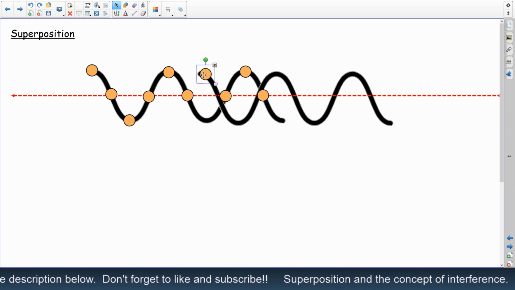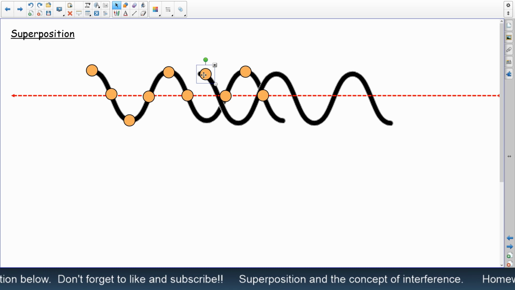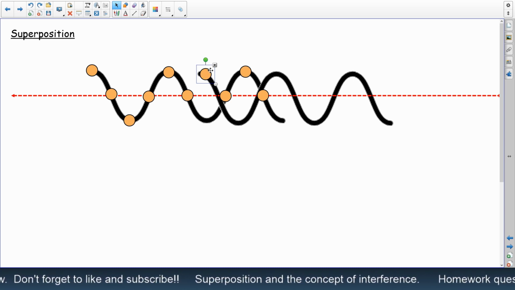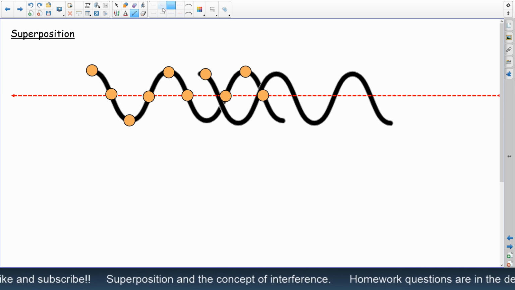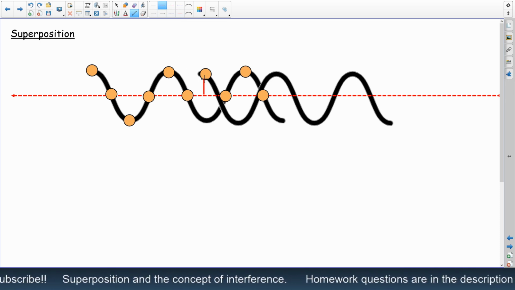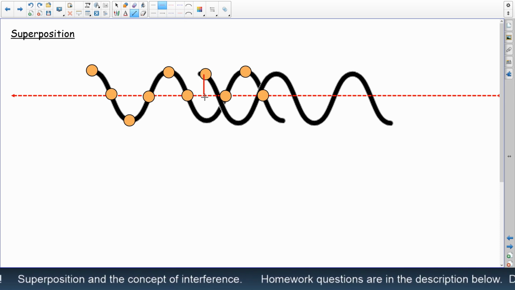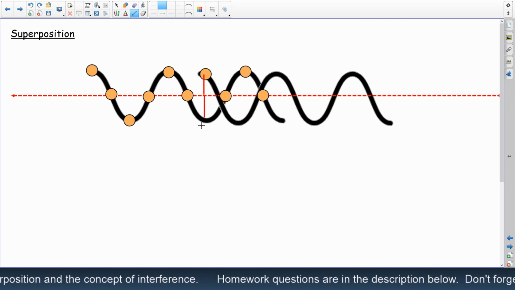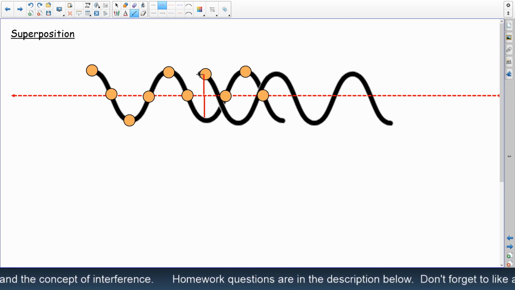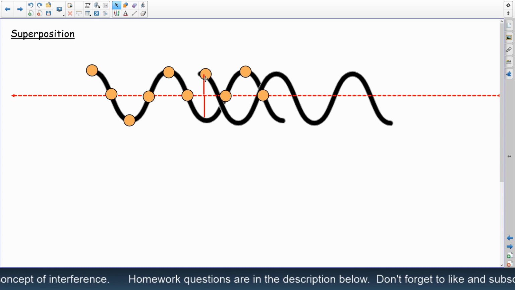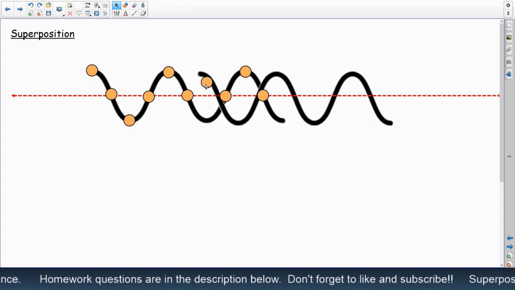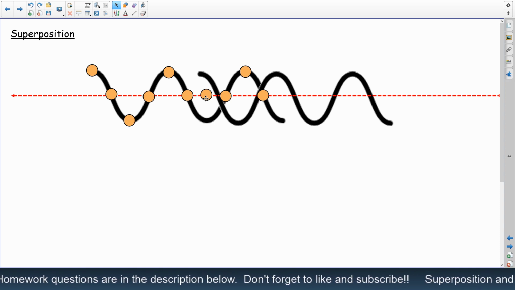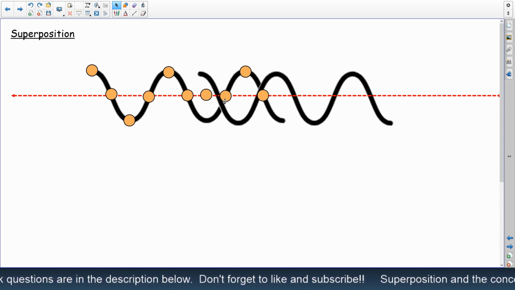And as with any two vectors that are acting on the same object, we can resolve these and vector sum them together. So if I was to take the vector sum of this one, it would be a vertical positive this way, and a vertical negative this way, and let's assume for the sake of simplicity that they're equal, then the positive upwards and the negative downwards would exactly cancel each other out, and the result would be that this little particle would in fact go nowhere.